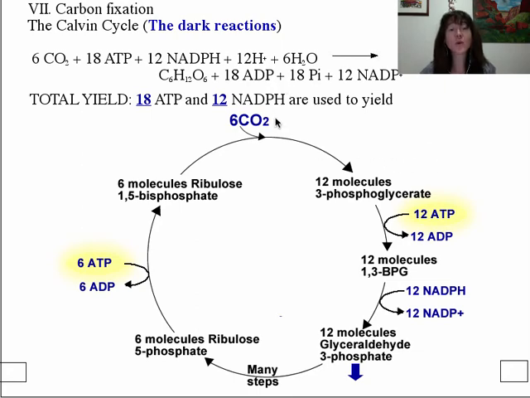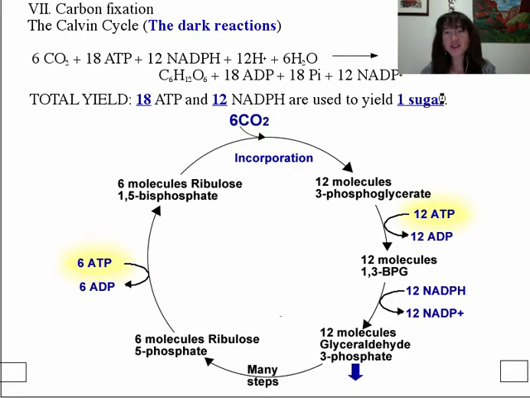It is an incorporation reaction in which a bond is formed between the carbon dioxide and the ribulose 1,5-bisphosphate. This transiently makes a 6-carbon molecule that very quickly and spontaneously breaks down into 2 3-carbon molecules. So we get 12 3-phosphoglycerates. So this first step is called incorporation. So the incorporation of the inorganic CO2.